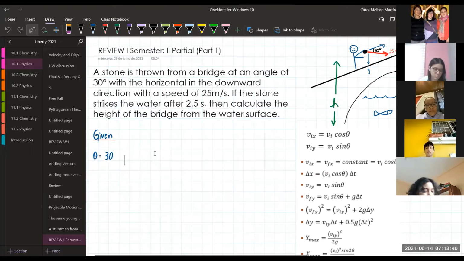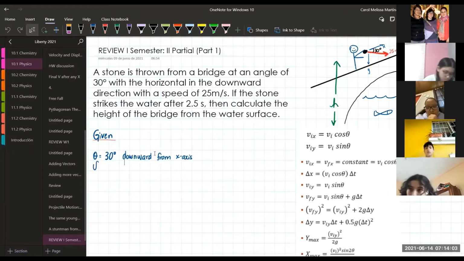It says with the horizontal in the downward direction, so it says downward from horizontal. The horizontal axis is the x-axis. Then it says initial speed 25 meters per second. It says the time is 2.5 seconds.